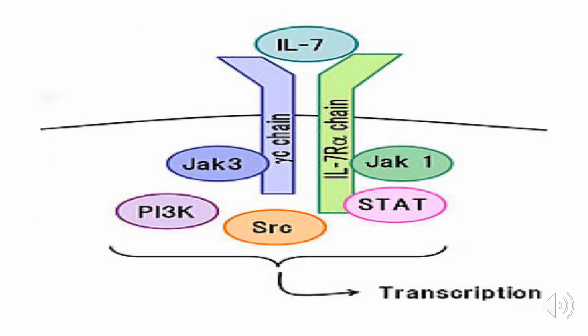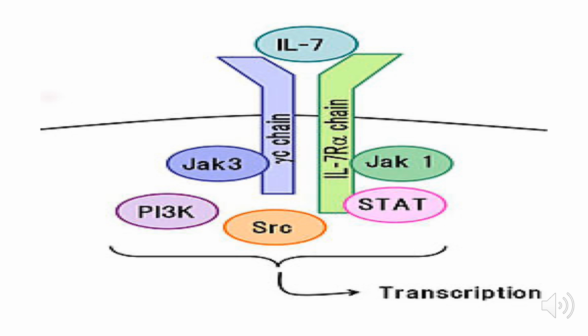Take a look at this receptor for interleukin 7. It has two subunits. You have there the purple colored gamma chain subunit and the green colored alpha chain subunit. In the X-linked severe combined immunodeficiency disorder, there is the absence of the gamma chain subunit. Thus, the hematopoietic stem cells and the common lymphoid progenitors will never respond to interleukin 7, leading to the decrease or no production of T cells and B cells.